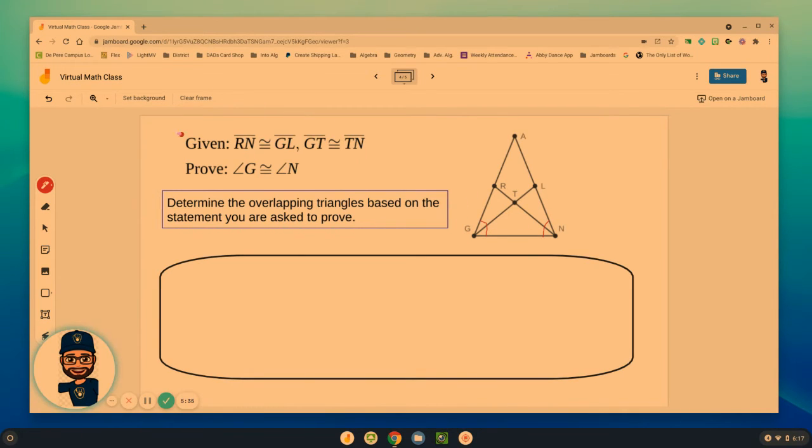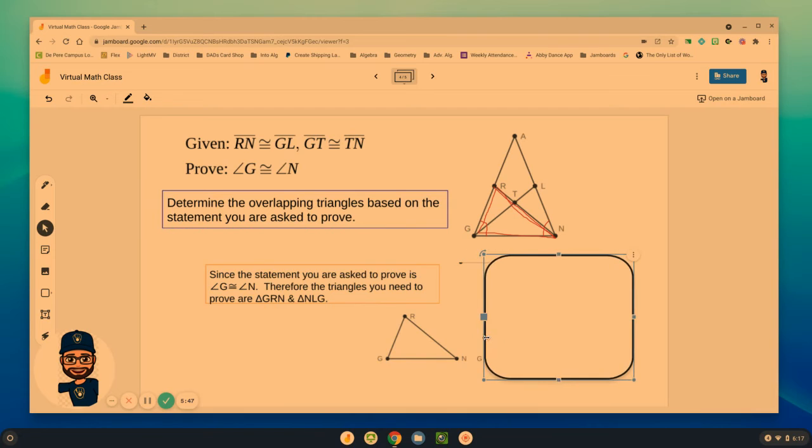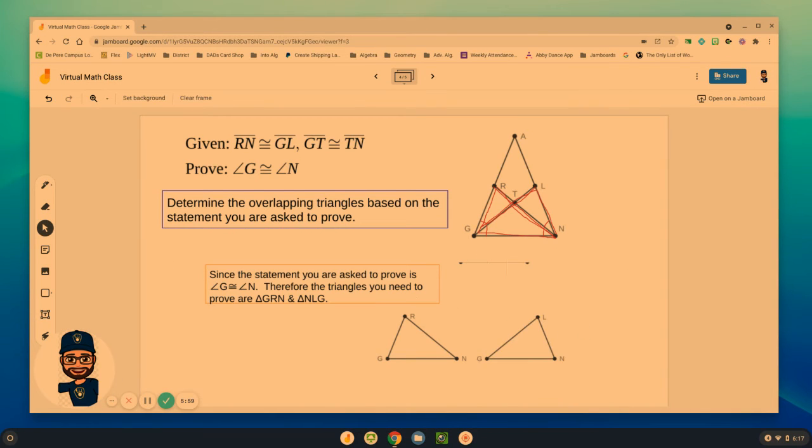We're also using RN, so that would be this triangle right here, GRN. And then we also have GL, which is then from G to L to N. So that would be our second triangle.